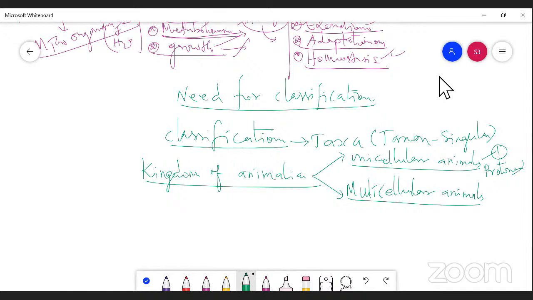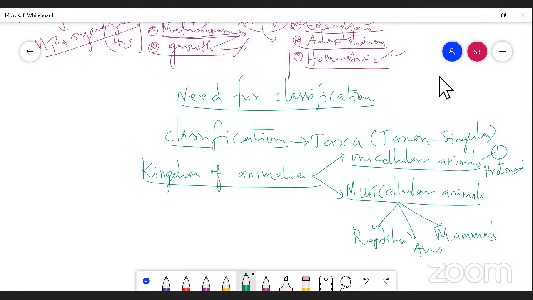But multicellular animals are various life forms. For example, we are taking reptiles and mammals. Not only these, there are several categories. Multicellular animals are classified into many categories: reptiles, mammals, and avian species.